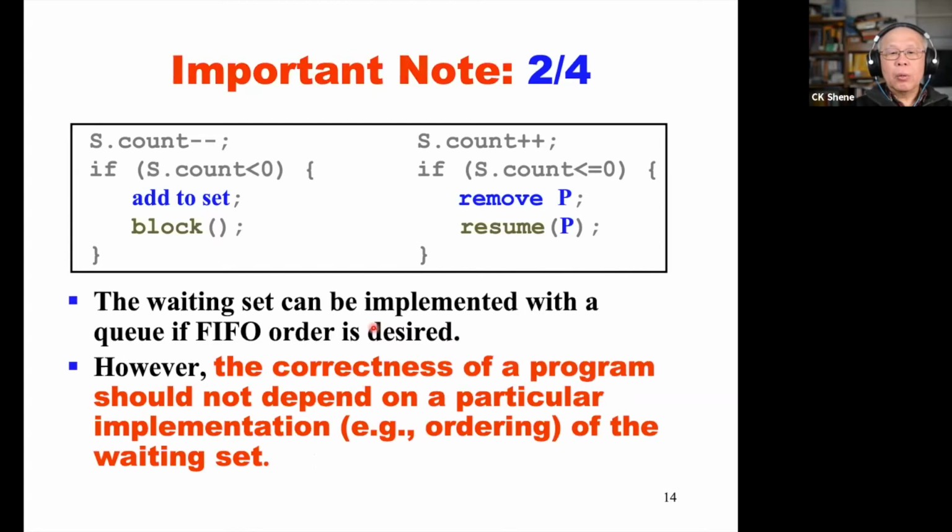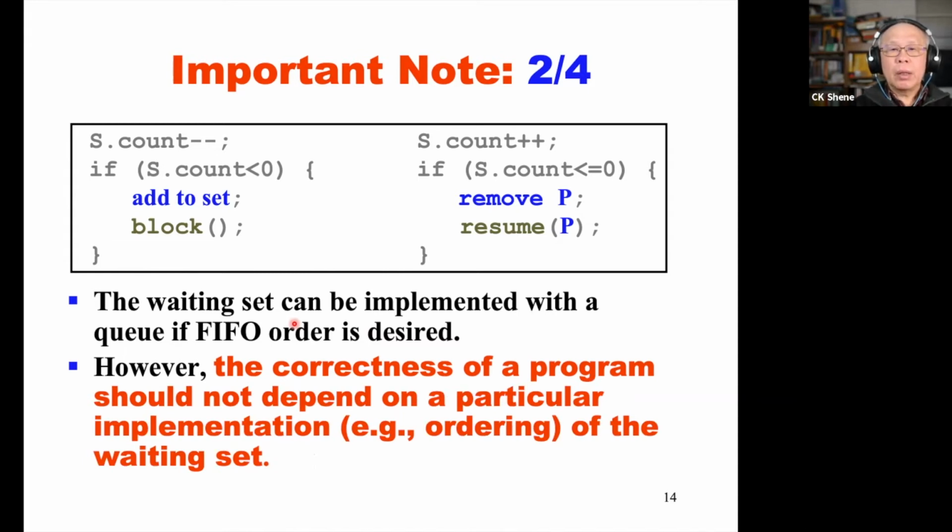The second one is, we also mentioned earlier, the waiting set can be implemented with a queue if first in, first out order is desired. However, the correctness of a program should not depend on a particular implementation, that is the ordering of the waiting set.